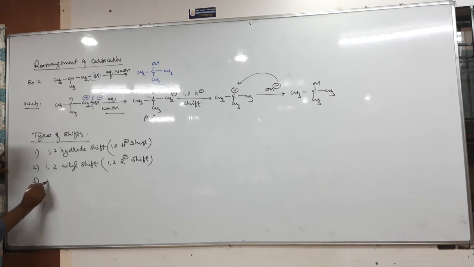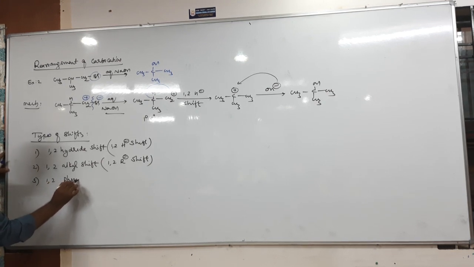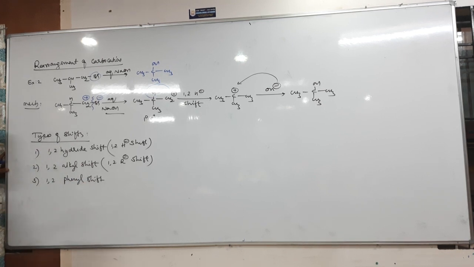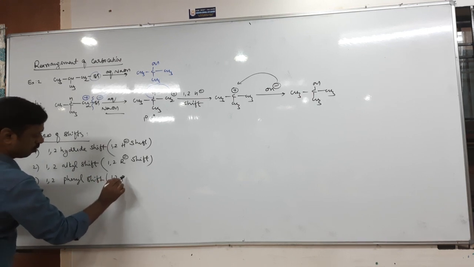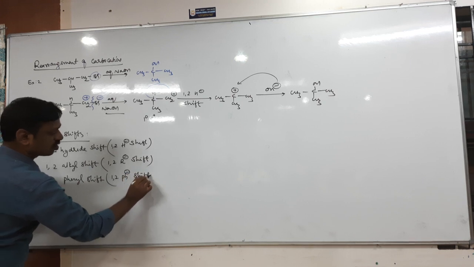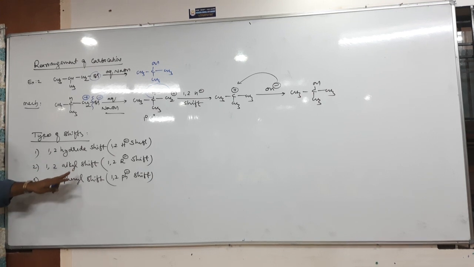Third one, 1 comma 2 phenyl shift, or aryl, of course aryl also, phenyl or phenyl derivative aryl. It is a 1 comma 2 Ph minus shift. So therefore there are 3 types of shift. One is hydride, 2 alkyl, 3 phenyl shift.